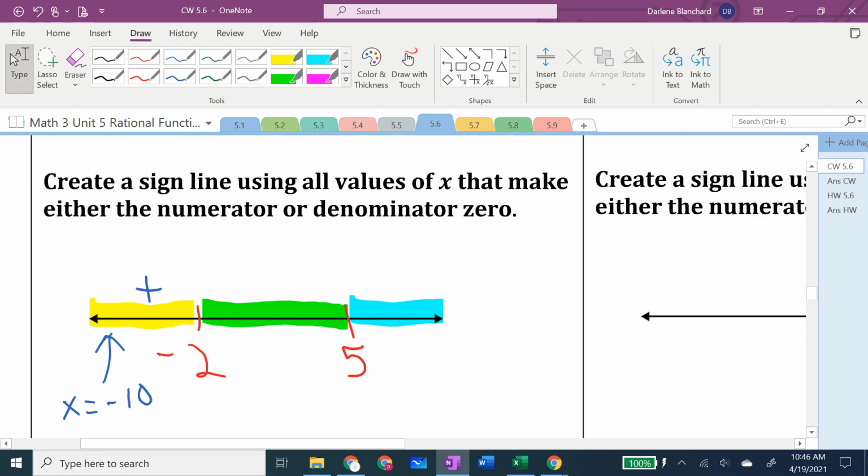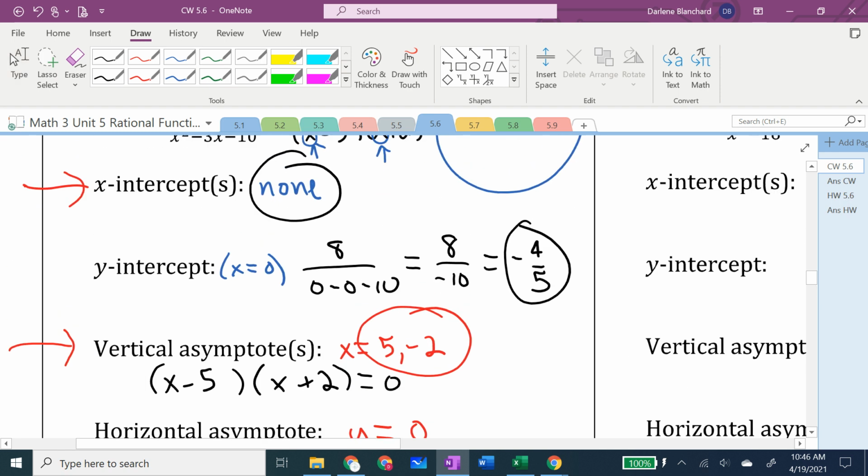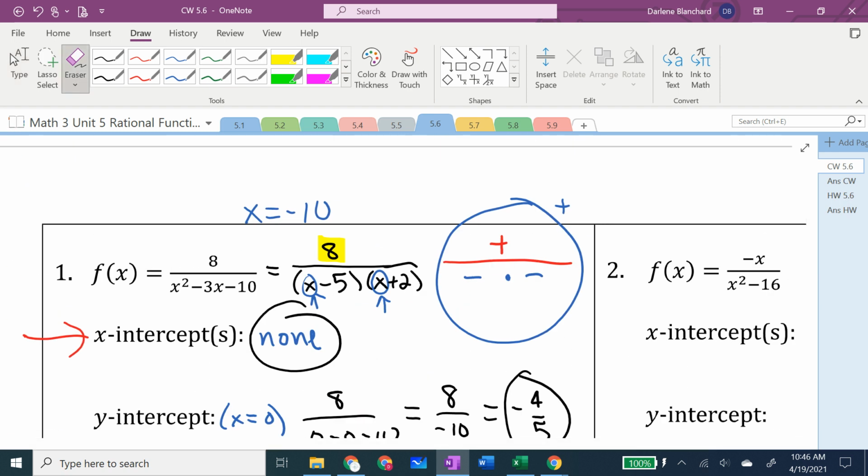Then, section number 2, pick any number between negative 2 and 5. I'm going to choose 0. And then I'm coming back over here. And now, 0 minus 5 is negative. 0 plus 2 is positive, and that 8 is stuck at positive still. 1 negative overall, negative.